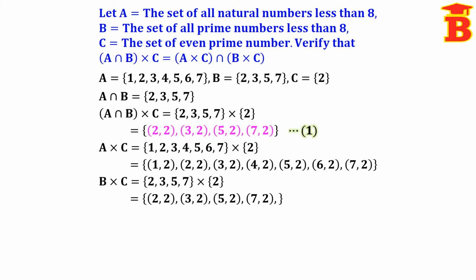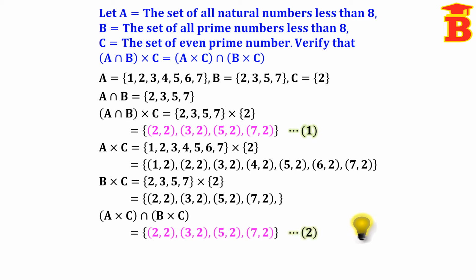Now for these two we have to take intersection. See the right hand side. The right hand side is A cross C intersection B cross C. Since it's a result, it's always true, so we can write the answer as equation 2, because 1 and 2 should be equal, and we can check the answer.